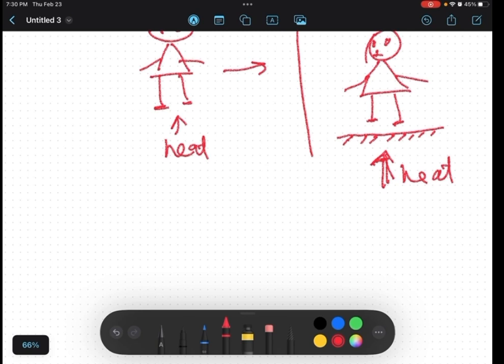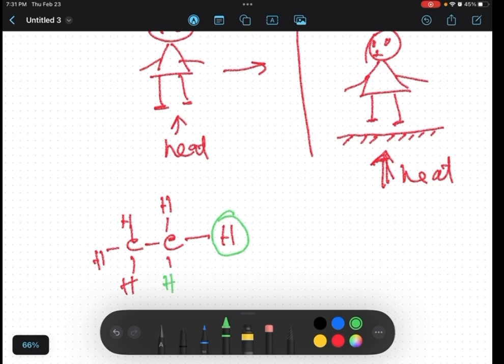So suppose a proton is connected with a carbon, and that carbon is connected with other carbon and proton. So if we consider this proton specifically, this green proton is connected to this carbon, so they have some electron density in between the carbon and proton.